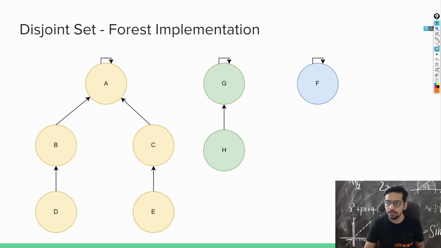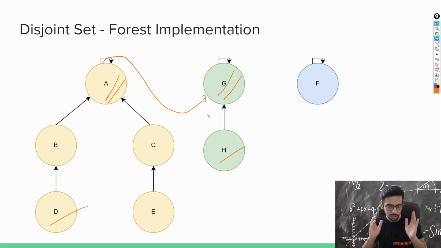So all you need to do, if you are asked to union D and H, is find of D, which is A, and find of H, which is G, and then union them. So A's parent pointer starts pointing to G. The problem here is find may be costly, but ignore find for now. We'll think how we can improve its complexity. But otherwise, union is nothing but changing one pointer to the other parent, and that's it.